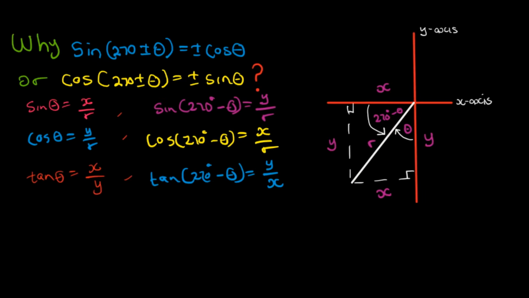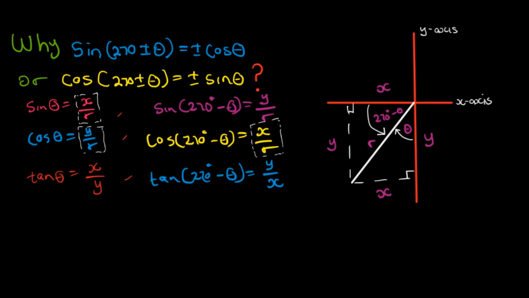So now you're going to compare which trig ratios are the same. Looking at this one here, sine of theta equals x over r. On the other side, which one equals x over r? It's cos of 270 degrees minus theta. So if you were to find an answer for cos of 270 degrees minus theta, you're going to get sine of theta. Then let's look at another one, y over r.